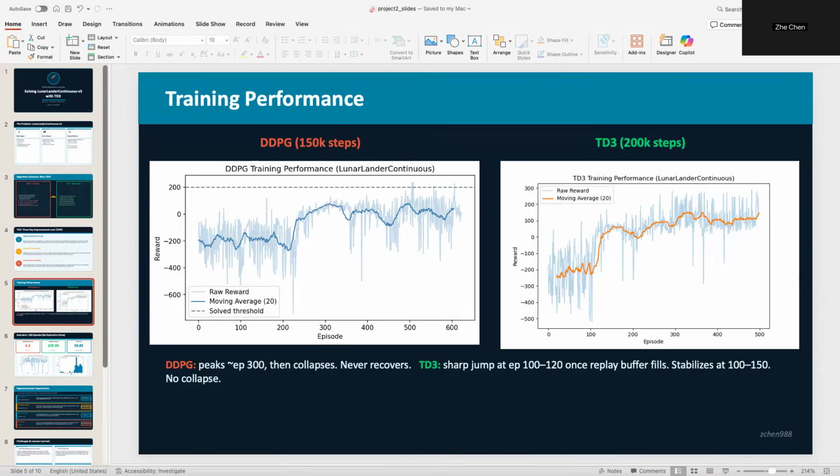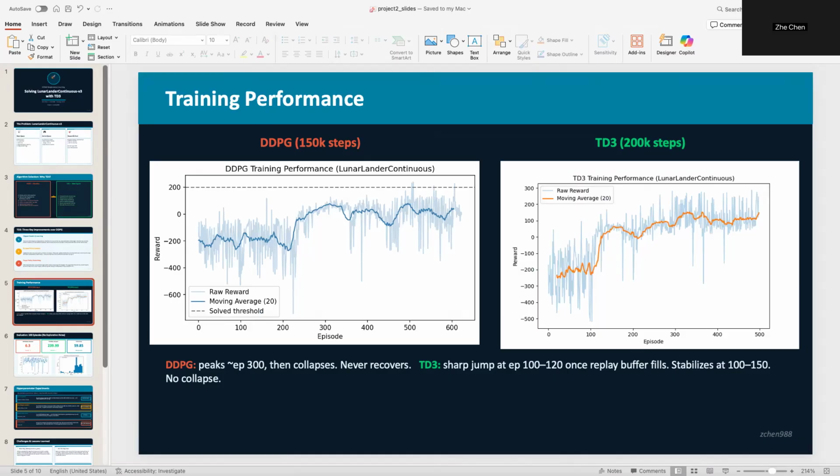Now we are comparing the training performance between the 2 algorithms. DDPG initially improves, but around episode 300 the policy collapses, and the reward drops again. This is a very classic instability caused by overestimated Q values.